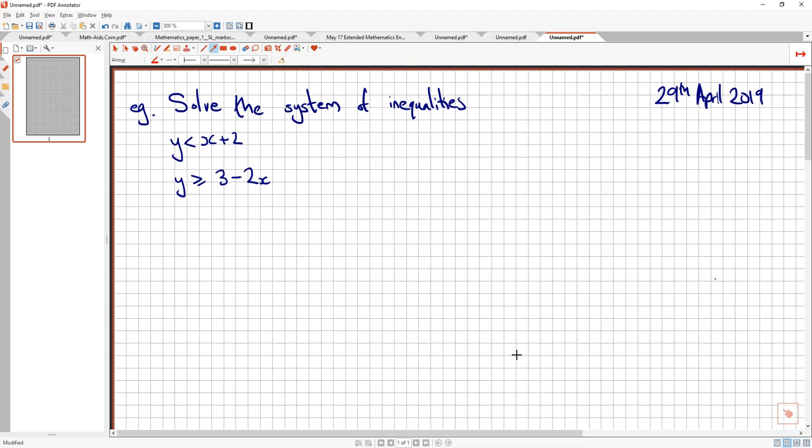Is this like the thing with the graphs, right? Yep, this is the thing with the graphs, so we're going to have to do some diagrams.